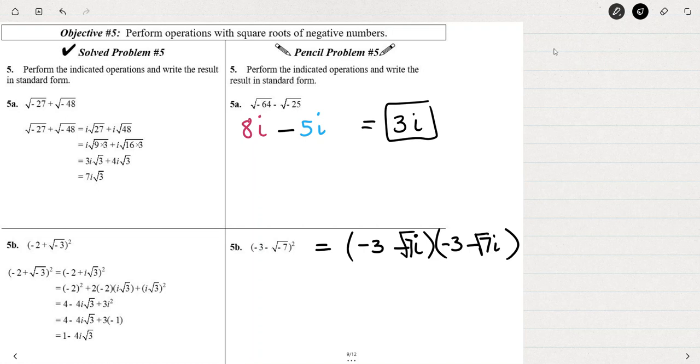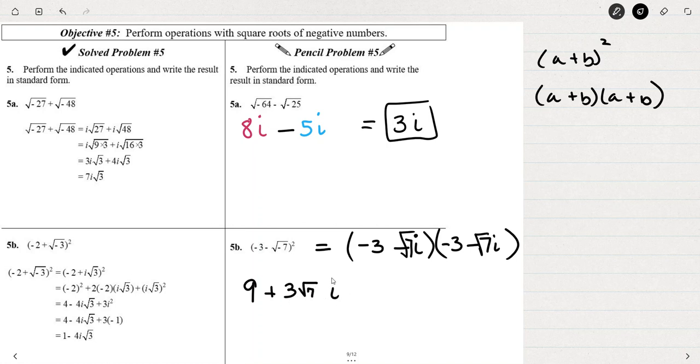This is a plus b squared, what that means is a plus b times a plus b, right? So I'm expanding it. When I do the FOIL, negative 3 times negative 3 is positive 9. Negative 3 times negative square root of 7i would be plus 3 square root of 7 times i.